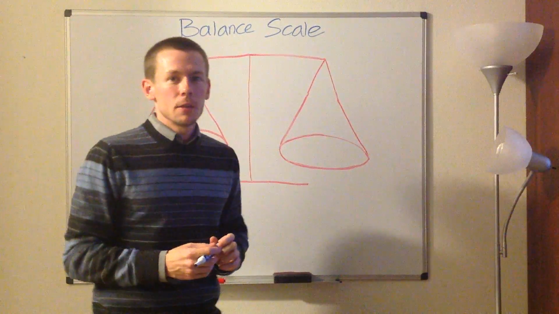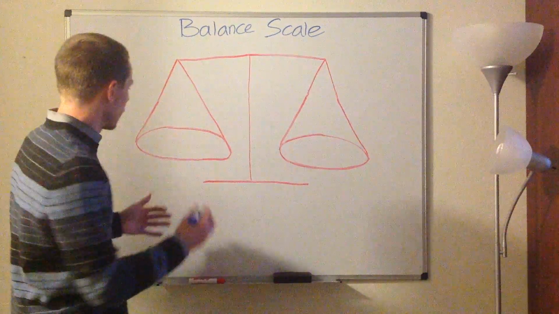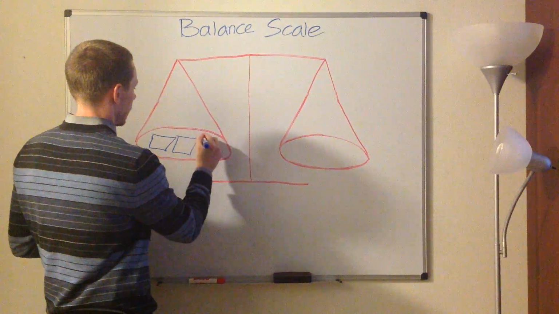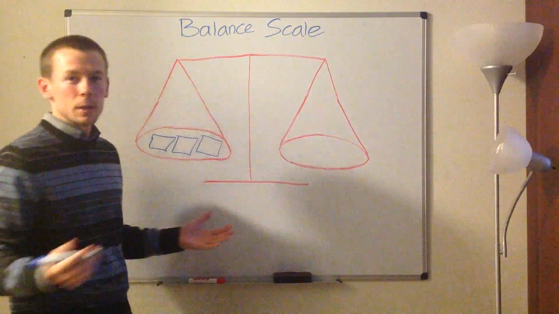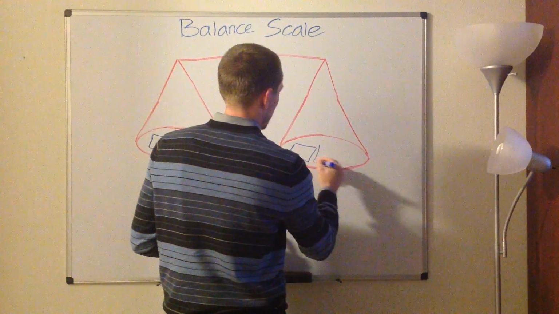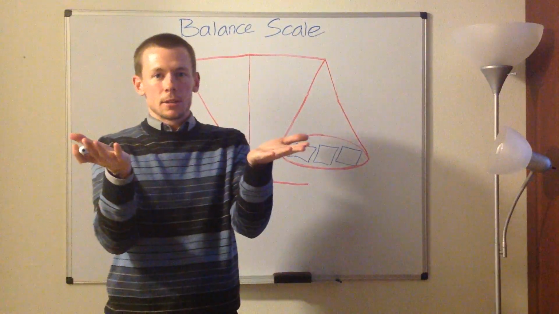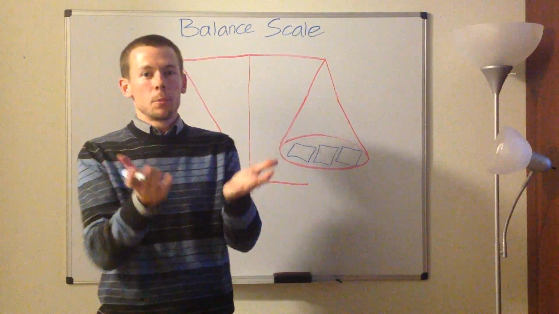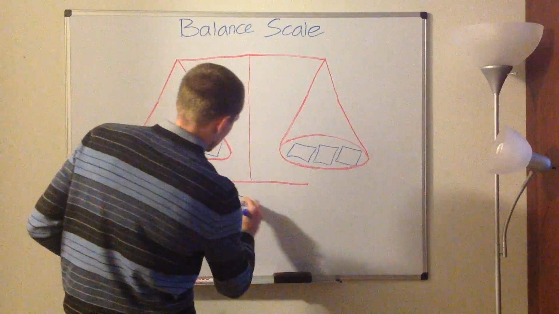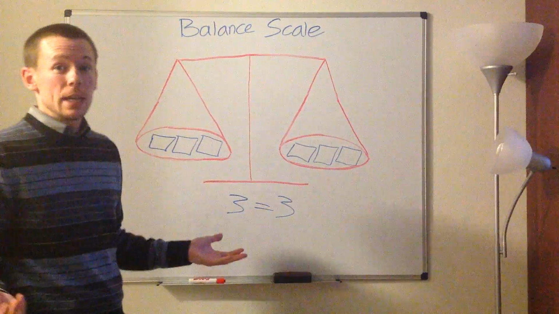One way we can think of this is kind of an old-fashioned balance scale where if we had 3 blocks of something, in order to keep it balanced and level, we have to put the exact same on both sides. So in other words, this is just a way of saying 3 equals 3.